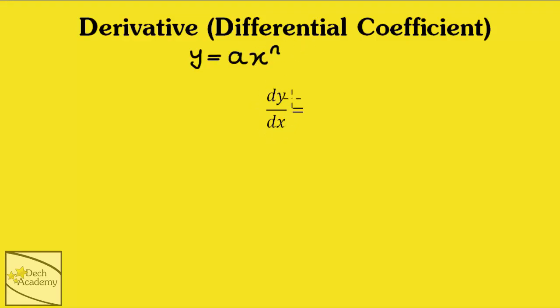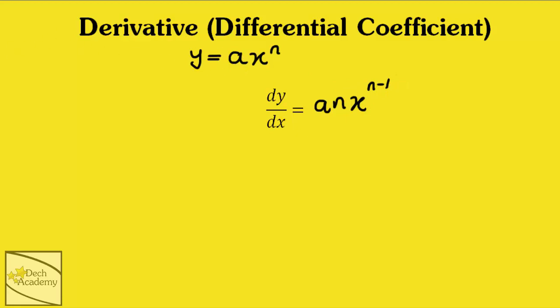The symbol for the derivative or differential coefficient is dy/dx. When you have an equation where y is a function of x, the first derivative is dy/dx, and it's given by a n x to the n minus 1. So what is this saying? This is a times n times x raised to the power of n minus 1.